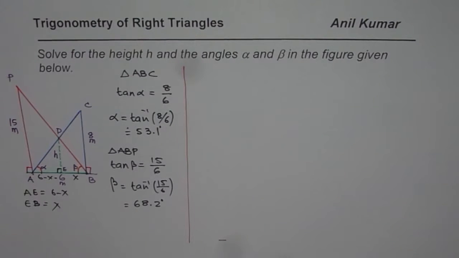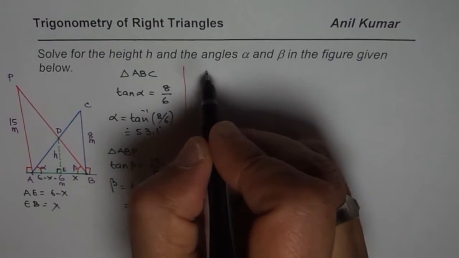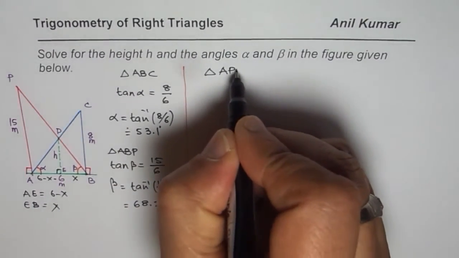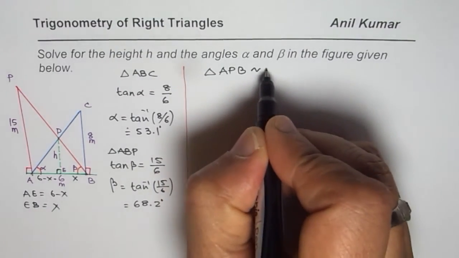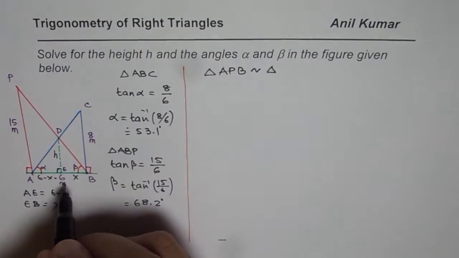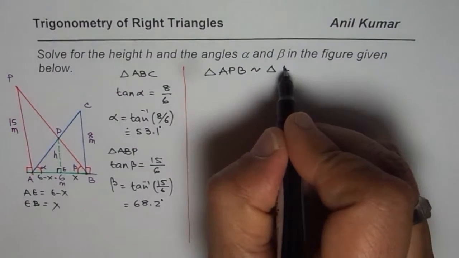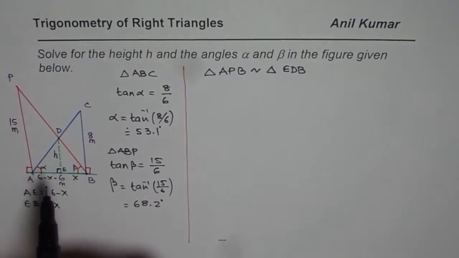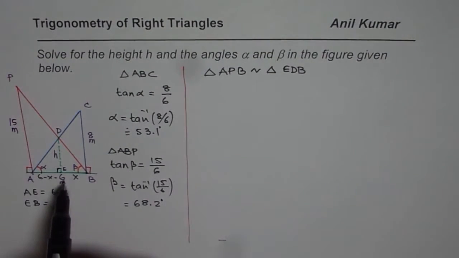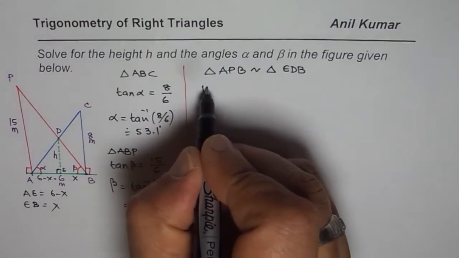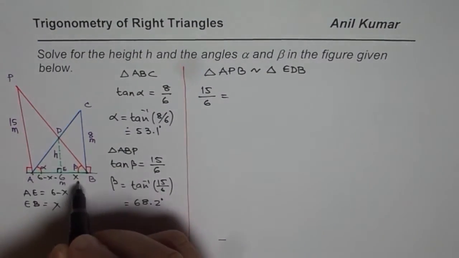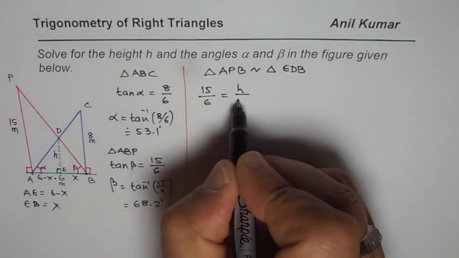So let us use similar triangles and find the height. From this big triangle, we know that triangle APB is similar to triangle EDB. So the ratio of the sides, that is 15 over 6, should be equal to h over x, right?